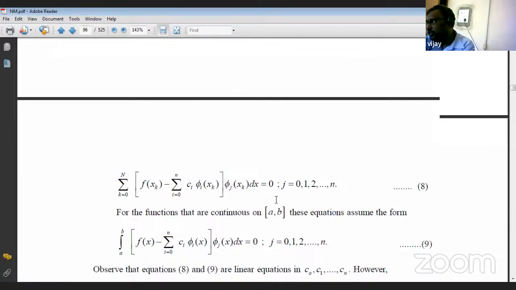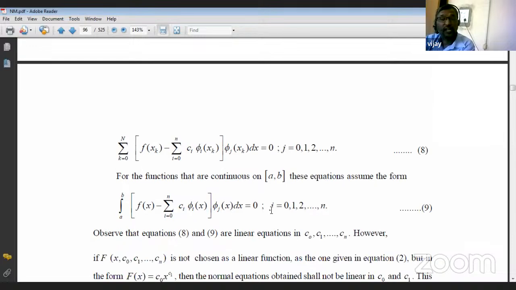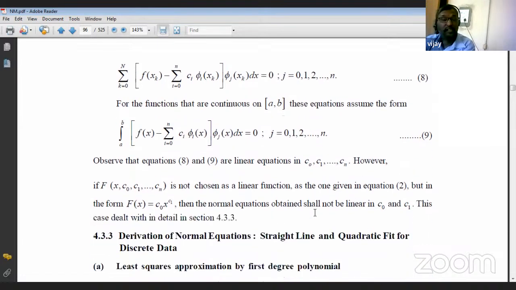We get this for j equal to 0, 1 to n. For functions continuous on [a, b], these equations are given as the integral from lower bound a to upper bound b of f(x) minus summation of i equal to 0 to n, c_i phi_i(x), times phi_j(x), dx equal to 0, for j equal to 0 to n. This is the ninth equation.